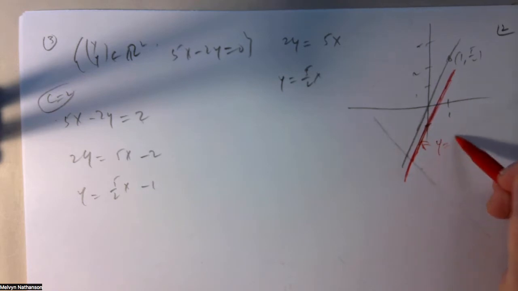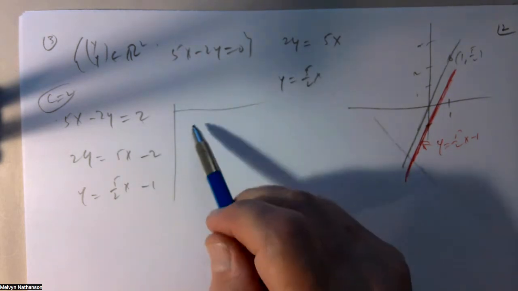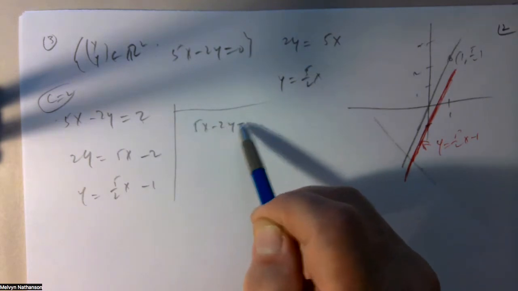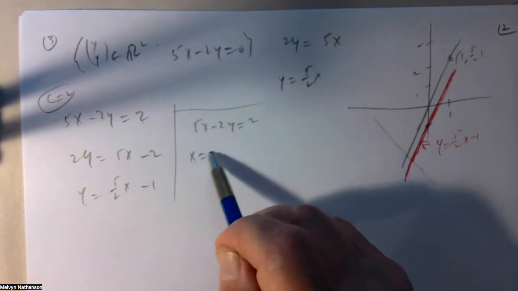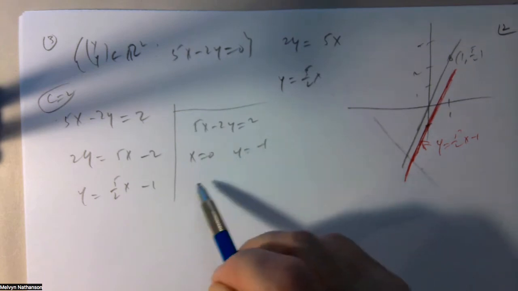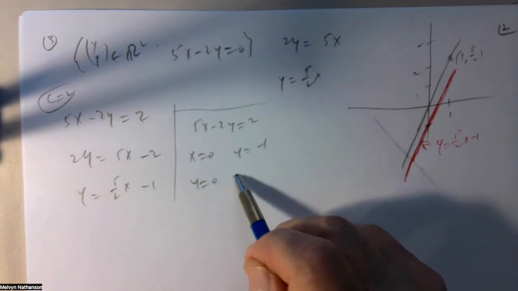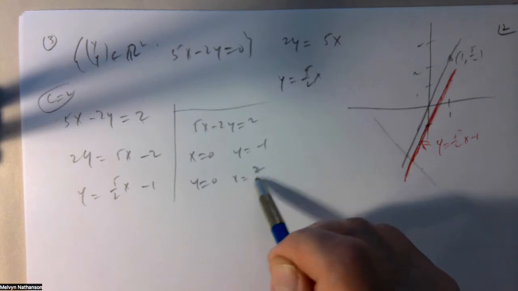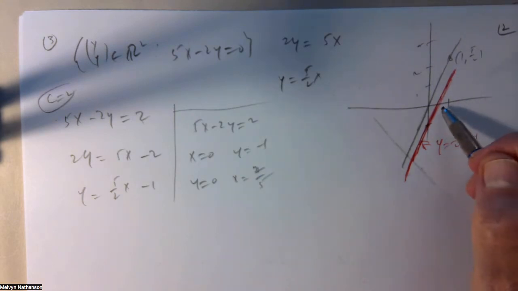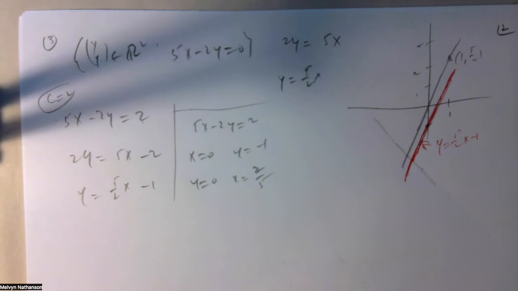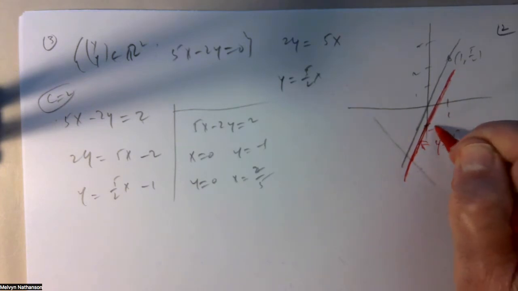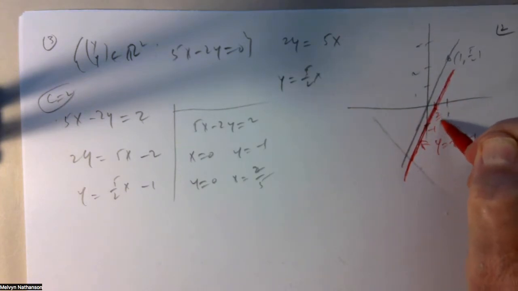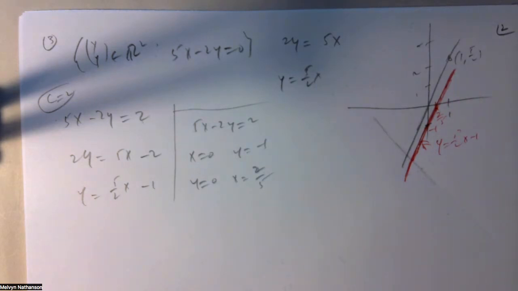So this is y equals 5/2 x minus 1. Of course, another way to do that, if you like x and y intercepts, you have 5x minus 2y equals 2. When x is 0, y is minus 1. And when y is 0, x is 2/5. So you can also say it's the line that crosses the y-axis at minus 1 and crosses the x-axis at 2/5. But in any case, it's the same line. There's only one line.